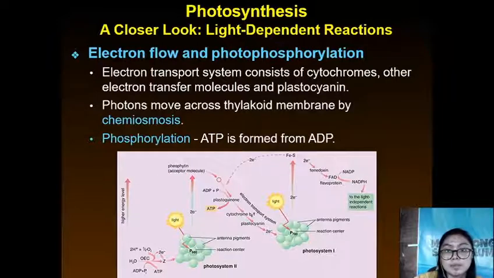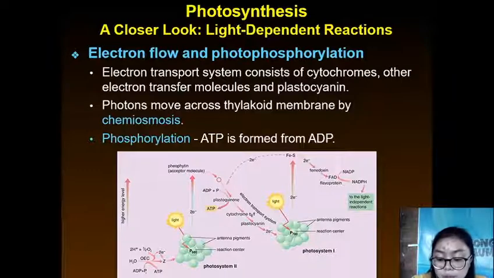So, what do we mean by photophosphorylation? It is a biochemical process that involves the addition of phosphate to an inorganic compound. Protons move across the thylakoid membrane by chemiosmosis. A photon strikes photosystem 2 to initiate photosynthesis.